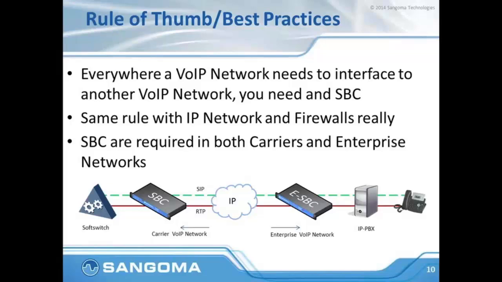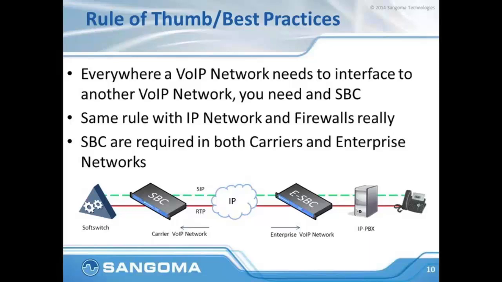Okay, so every time I leave my trusted network, in the data world, they would put firewalls to secure their network. In voice over IP, you need to put what I sometimes call the voice over IP firewall, which is what the SBC does. So in this picture, at the edge of foreign networks, when the carrier leaves its network to go to the IP cloud, an SBC is there.